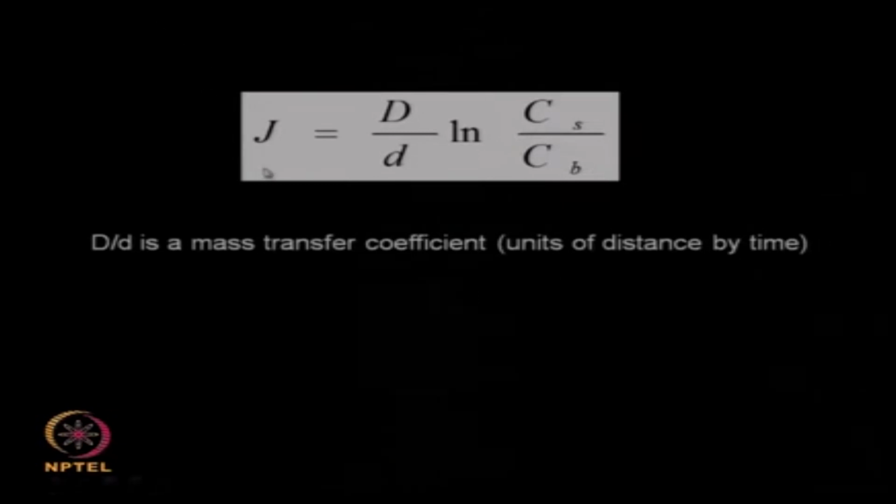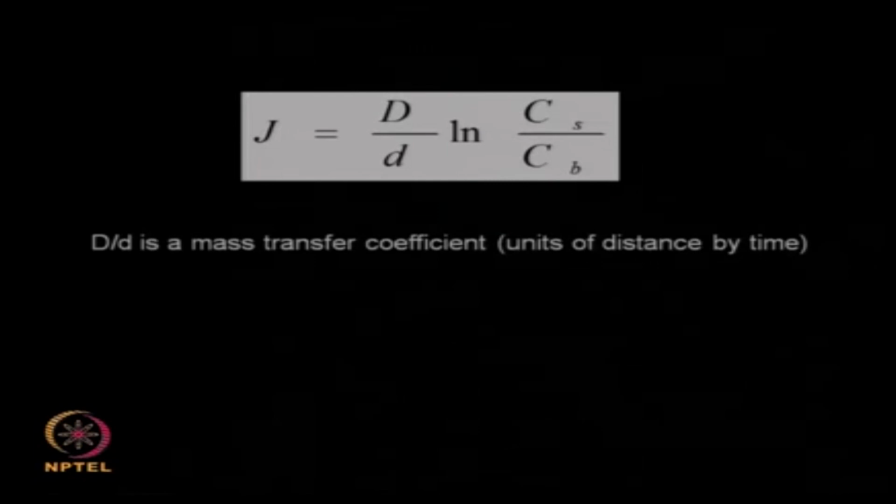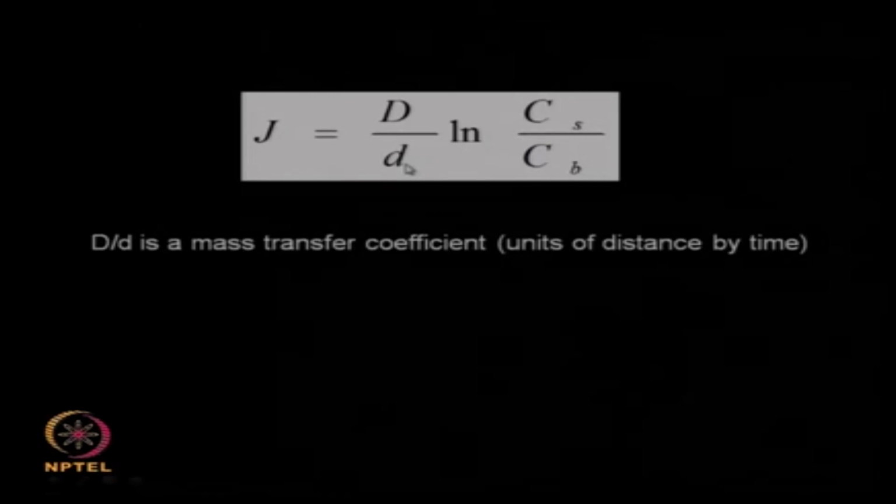So we will get J equal to D divided by d times the logarithm of Cs by Cb. Cs is the concentration of the solute on the upstream near the surface of the membrane because of concentration polarization, and Cb is the concentration in the bulk. Cs will be larger than Cb. Now D is the diffusion coefficient, and d is the thickness of your boundary layer.